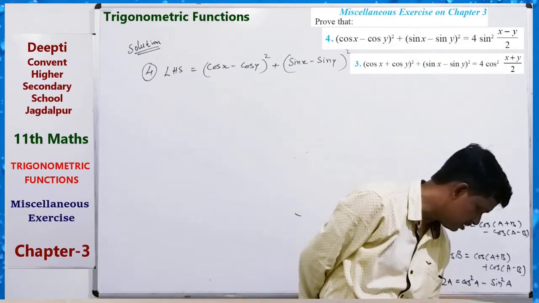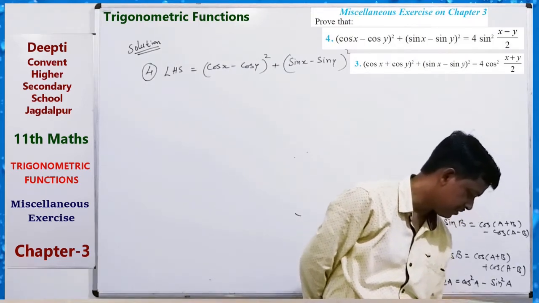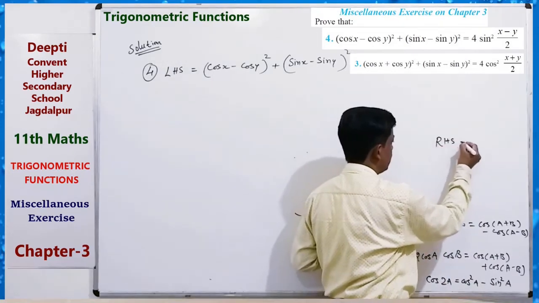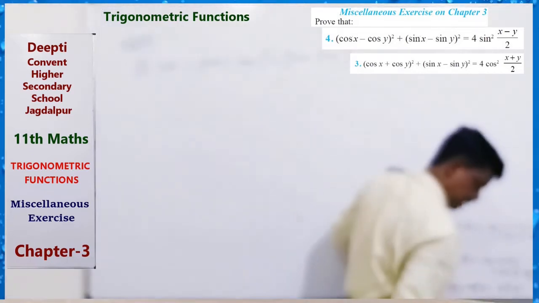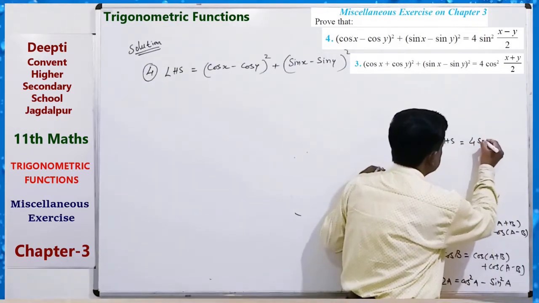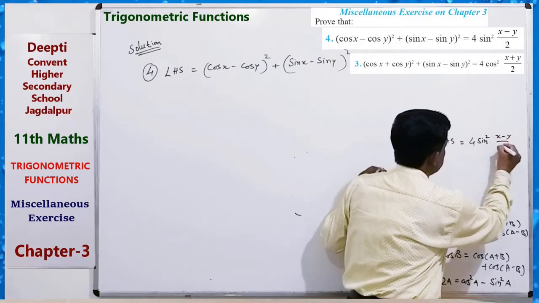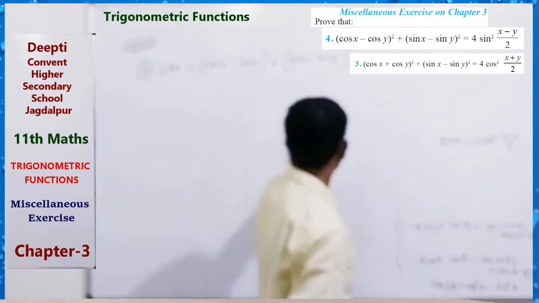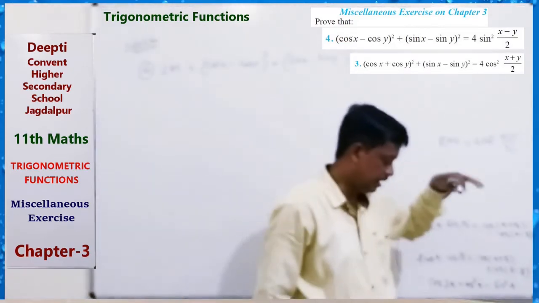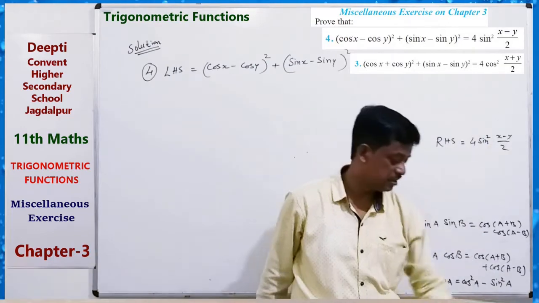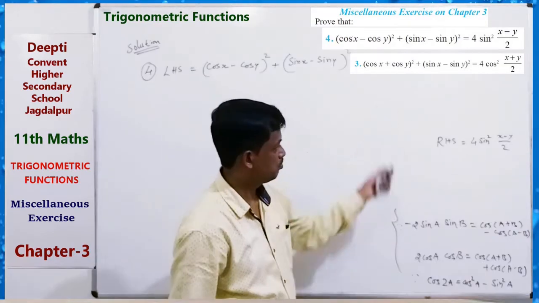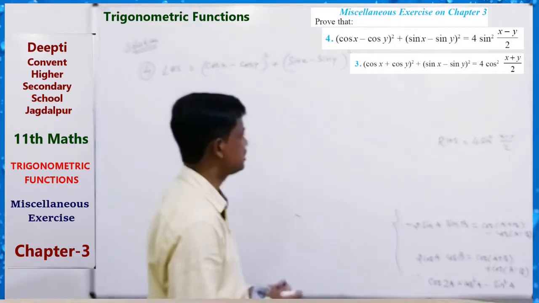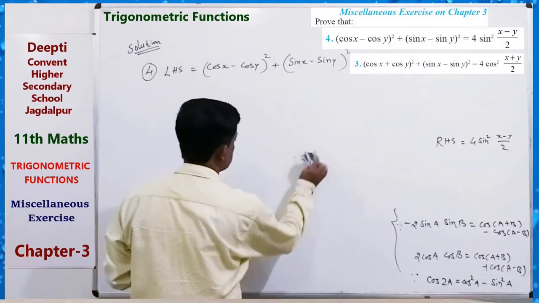And the right hand side we require is 4 sin square (x minus y) by 2. This is the right hand side. Also in question 3 you can see here only the plus sign, and the right side is 4 cos square (x plus y) by 2, sin square (x minus y) by 2. Same type of question. So here just take question 4. Left hand side is this.